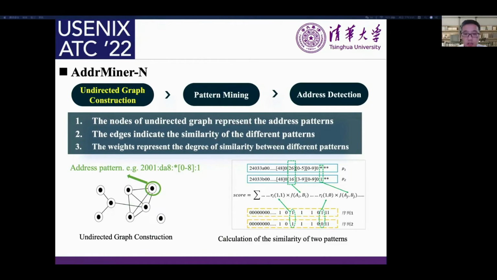The nodes of the undirected graph represent the address patterns. The edges represent the similarity of different patterns. The weights represent the degree of similarity between different patterns. We introduce the Jaccard similarity and Hamming distance-based similarity to calculate the similarity between patterns.